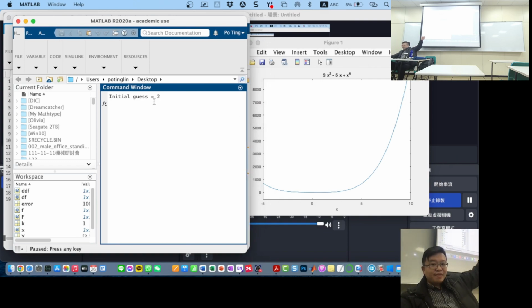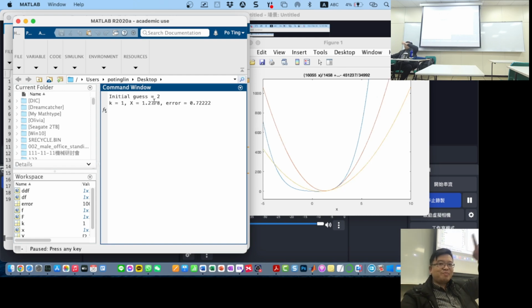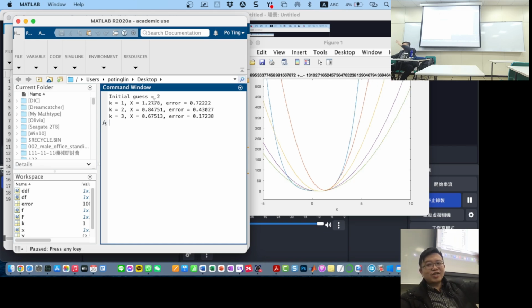The red one is the second order approximation based on the expansion point. The orange one is another run. The third one is purple. Yes.